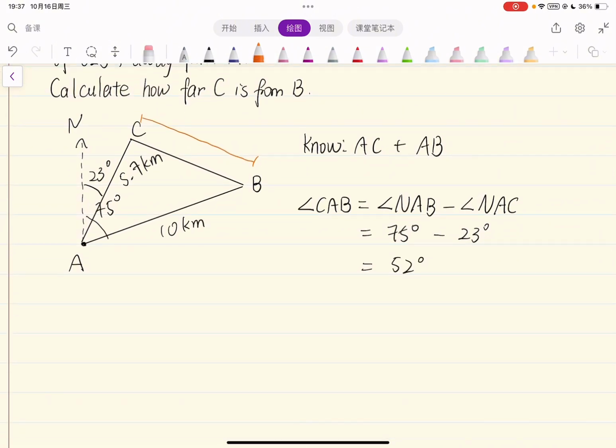So we know the two sides and the angle between them. Then we can use the cosine rule to find the missing one.